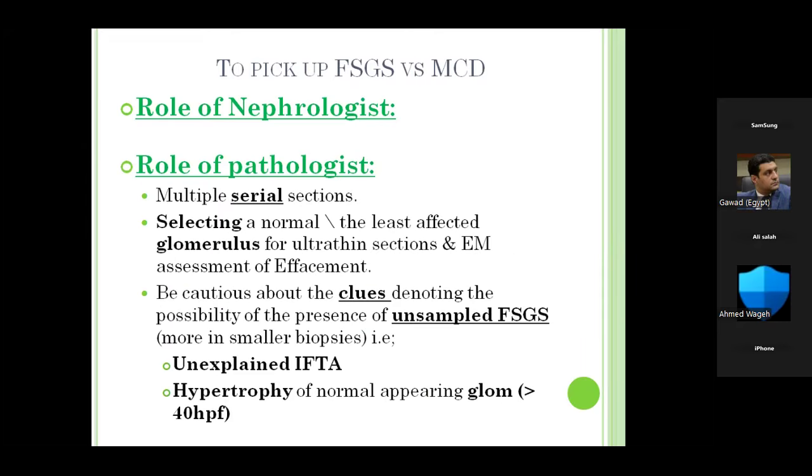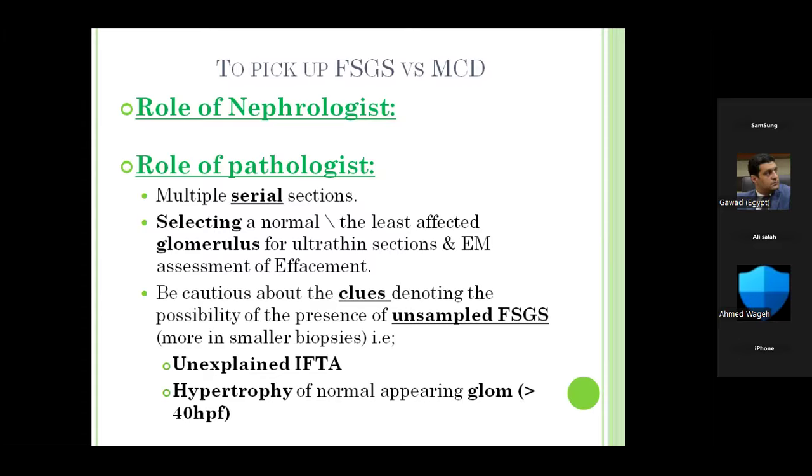A pathologist or nephropathologist has another role to pick up focal segmental glomerulosclerosis. First, we should do multiple serial sections. As you have seen in the picture, every serial is a picture of the serial sections of the same glomerulus. Every serial shows new information. Here's an adhesion, here's a sclerosed or obliterated capillary.